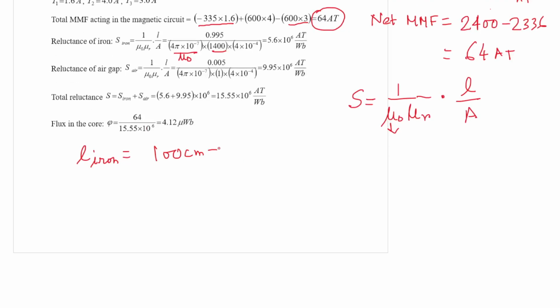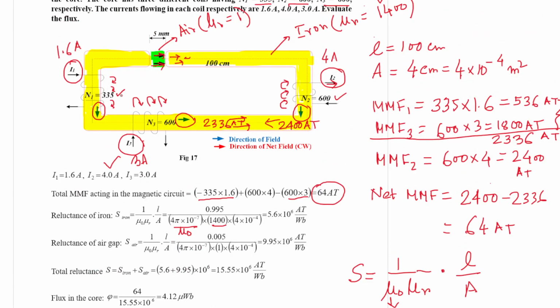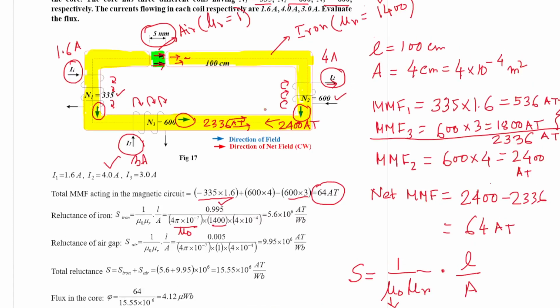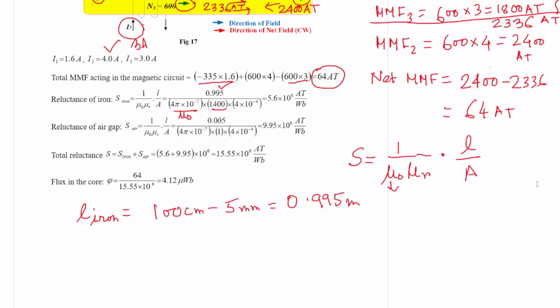Now you need to subtract this much, 5 millimeter, which is coming out to be 0.995 meter. And area of the cross section is 4 into 10 to the power minus 4 meter square. That is exactly written. So now if you solve this, you will get this value, 5.6 into 10 to the power 6 ampere turn per Weber.